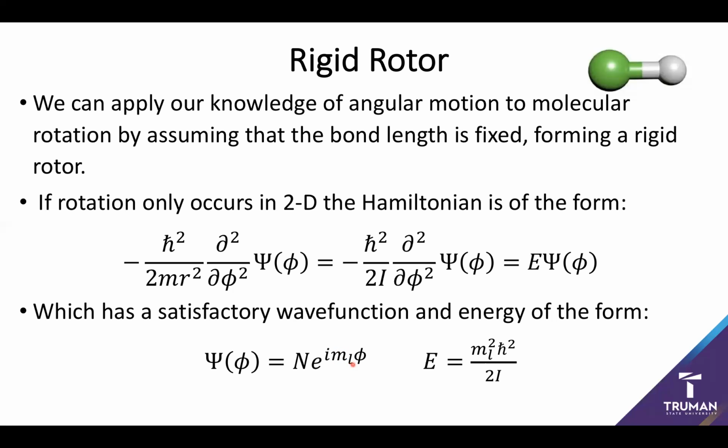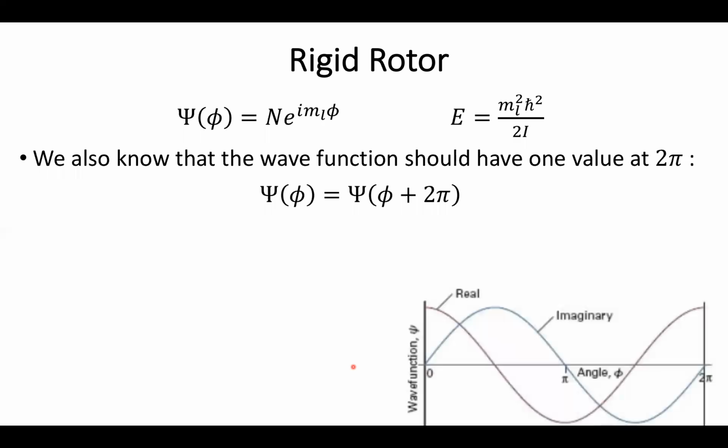Now, boundary conditions for a rotating system are going to be a little bit different. So here, our only major constraint is going to be that the function is going to be equal at phi as it is at phi plus 2 pi. This means when I complete one complete rotation, my equation should continue smoothly.